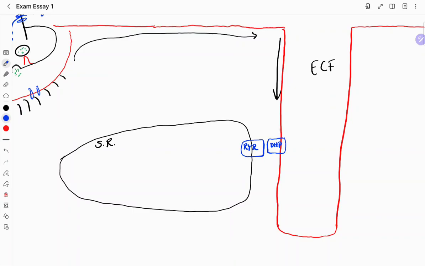And what happens is this action potential causes this DHP to open, but when it opens, it can't open fully and pushes open the ryanodine channel.